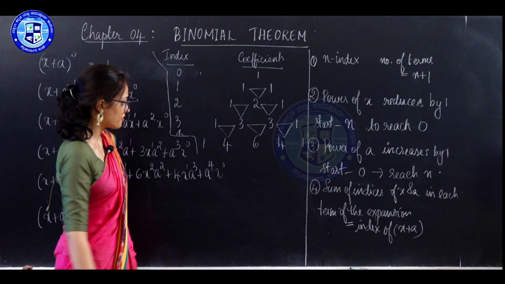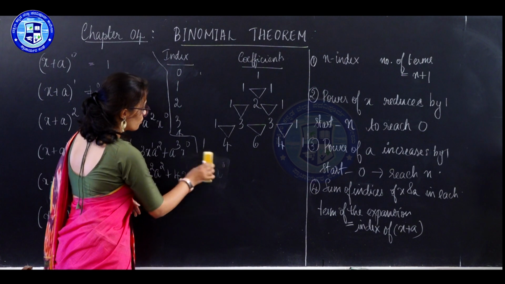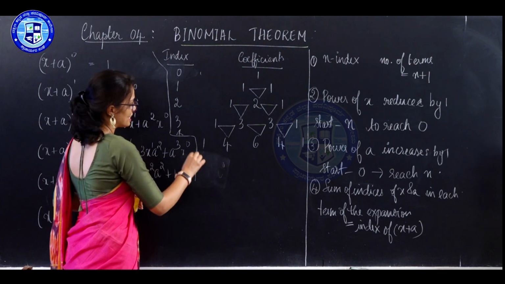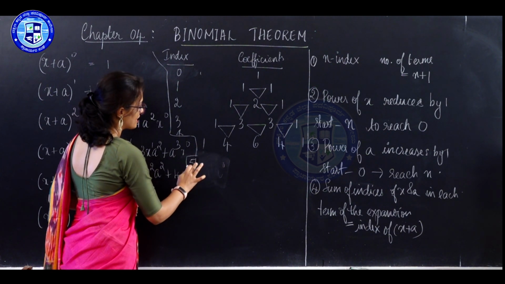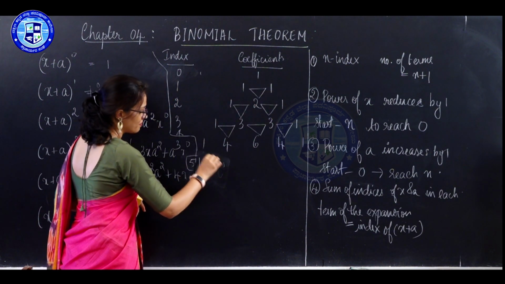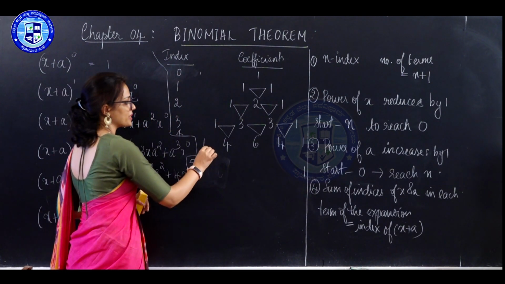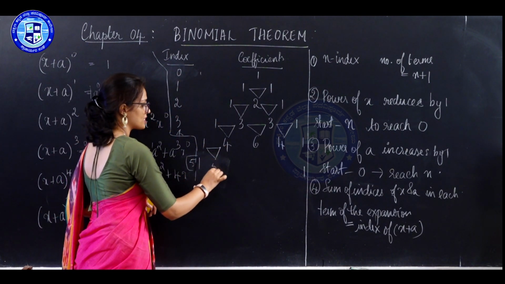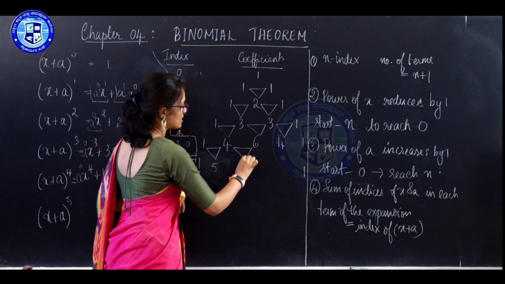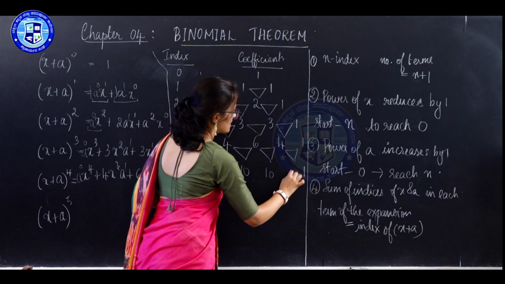If I have to write the next row, I will take the index to be 5. What should be my coefficients? I should start with 1, end with 1. What is happening to the numbers in between? 4 plus 1 gives us 5, this gives us 10, this gives us 10, and this gives us 5.